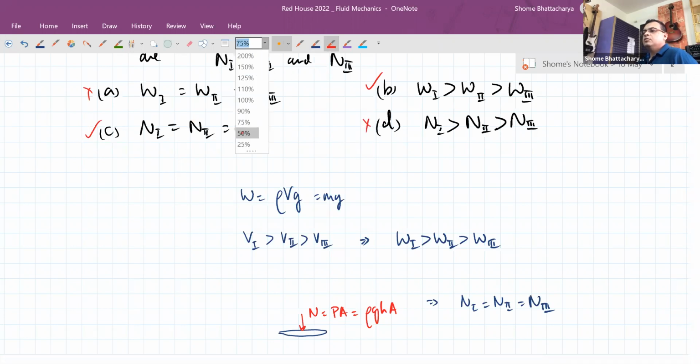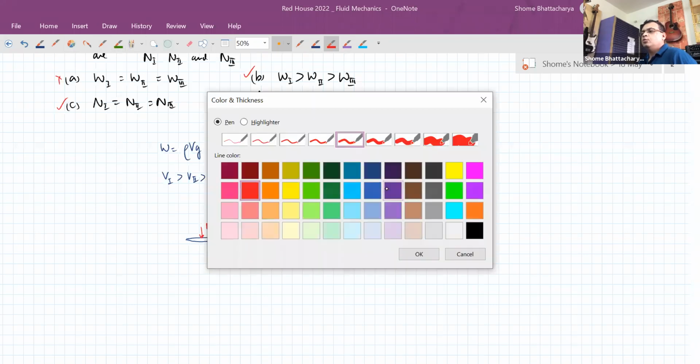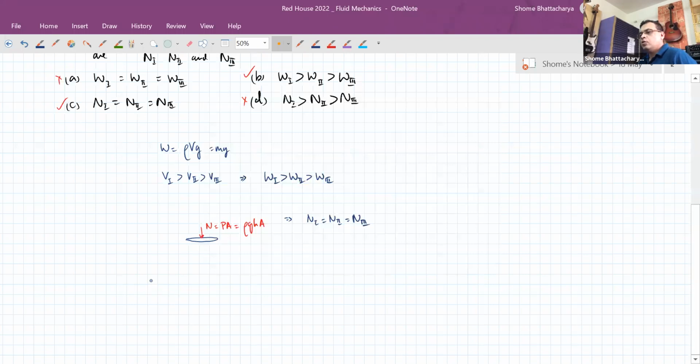But at the same time, it should also suggest to you that there is something more interesting happening here. When you consider the free body diagrams of the liquids, just the body of liquid, you consider an FBD in each of the three cases. So whatever contact force the liquid applies on the bottom surface, the surface has to apply an equal and opposite normal contact force.